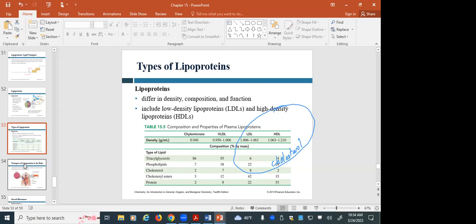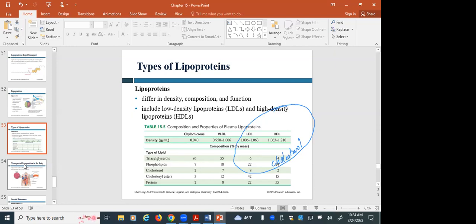And it's the high density ones that take the cholesterol from the rest of your body and bring it back to your liver. And if it's in your liver, your body can process it, synthesize it, break it down, and excrete it, take it out of your body. So the reason why HDL is so useful and so important is because its job is to bring it down and help your body get it out.